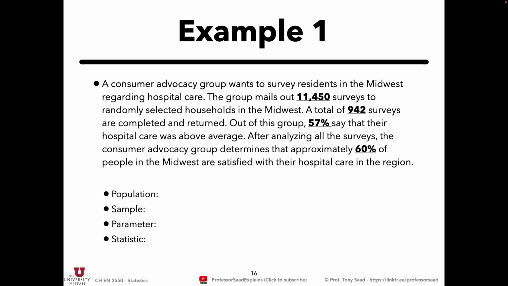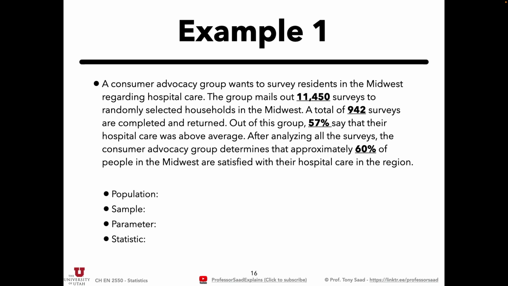Okay, let's do some examples. A consumer advocacy group wants to survey residents in the Midwest regarding hospital care. The group mails out 11,450 surveys to randomly selected households in the Midwest. A total of 942 surveys are completed and returned. So they mailed out about 12,000 surveys, and only 942 responded.